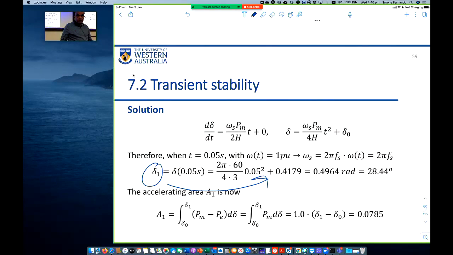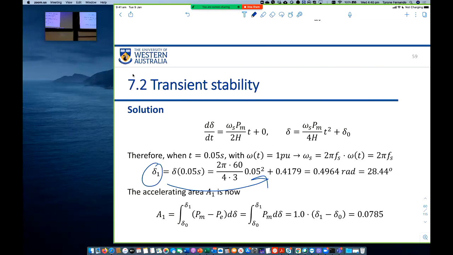Because we know the period, it's 60 hertz, 1 on 60 is the time for 1 cycle, so 3 cycles is 3 times that. With the initial angle and the speed, we can calculate delta 1.